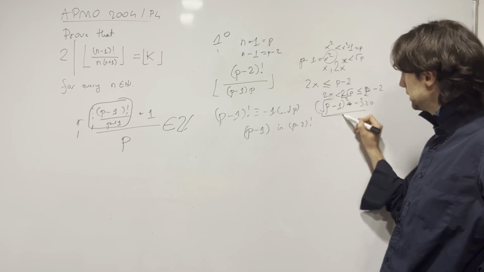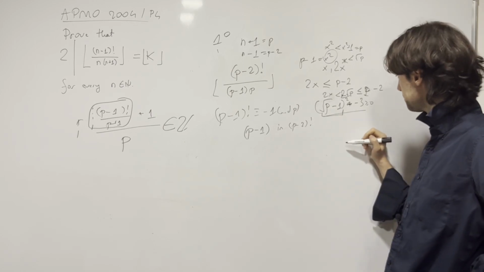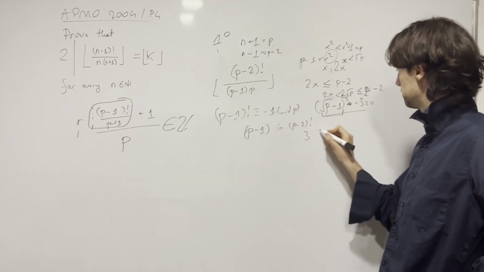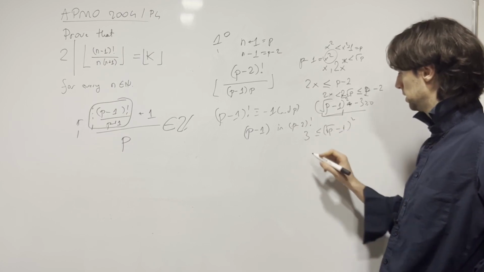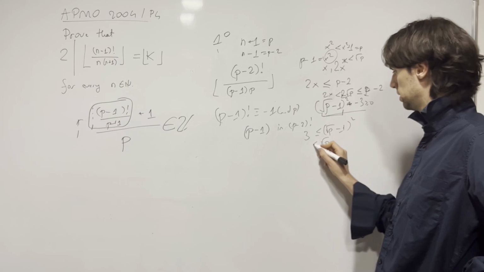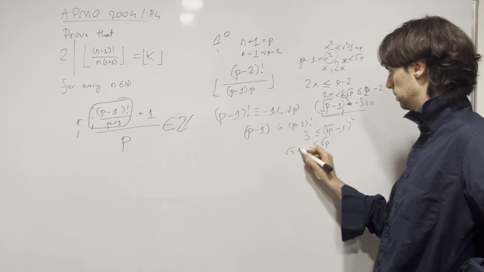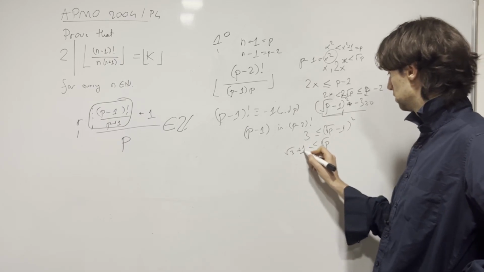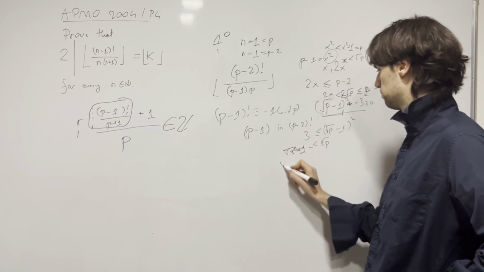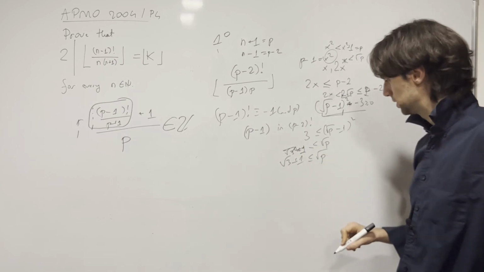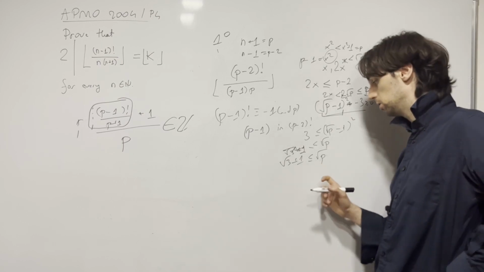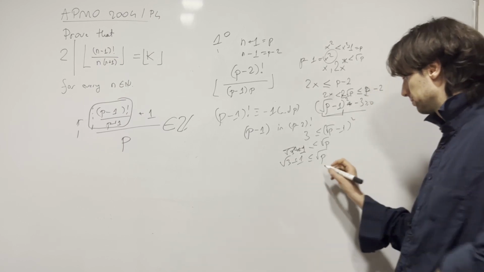I need this in here. What do I need? I need 3 less than or equal to the square root of this. So I need the square root of p to be greater than or equal to the square root of 3 plus 1. And now I need p to be what?